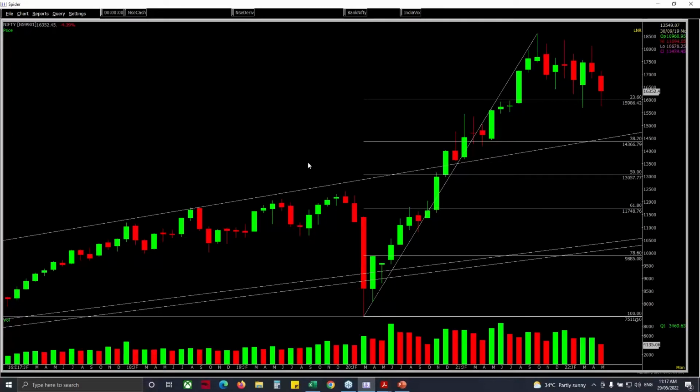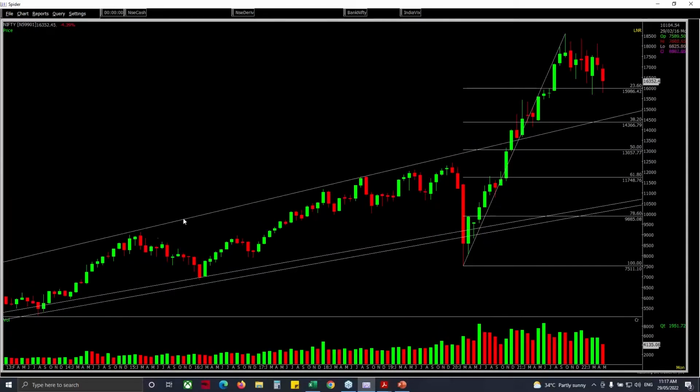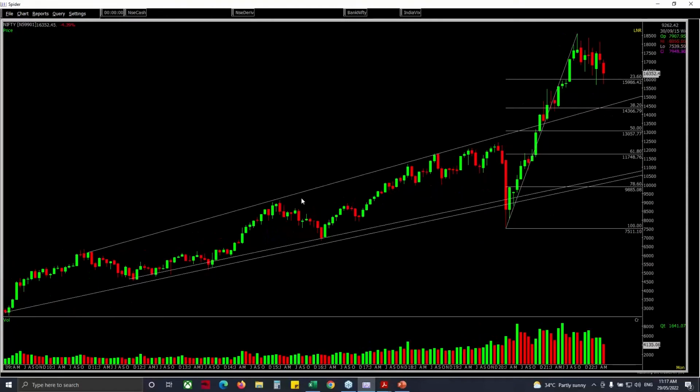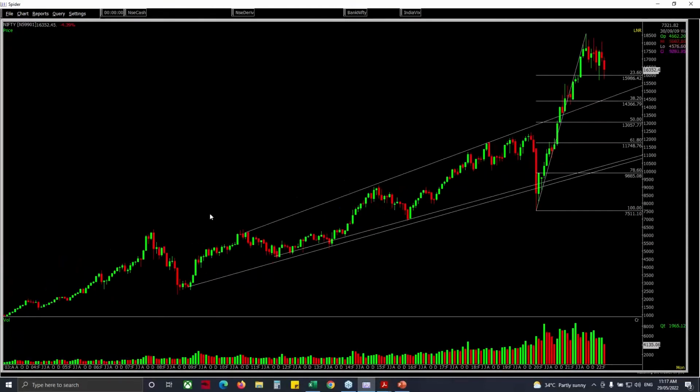If I consider this upward sloping trend line or the resistance line which was put out previously in early 2021, then we might get a retest of that line.